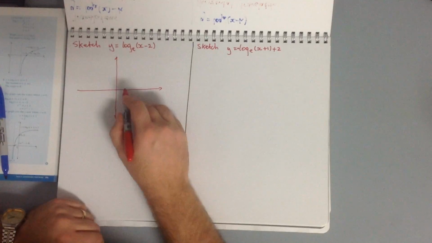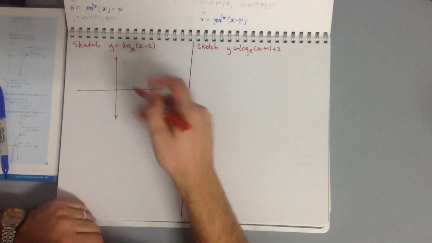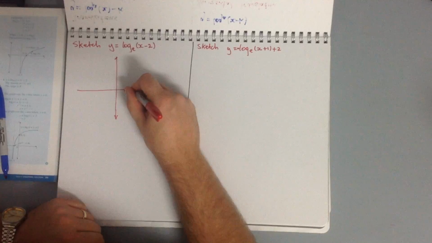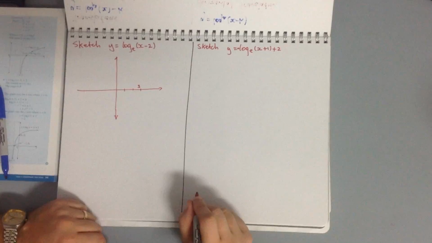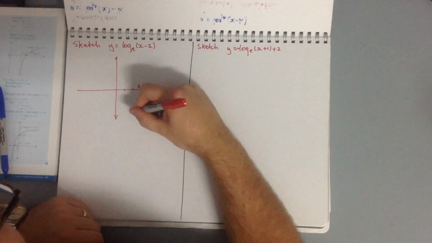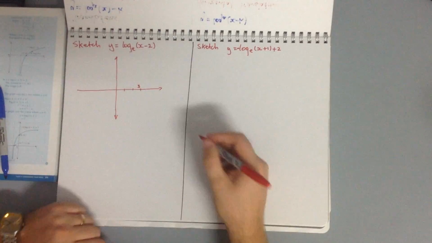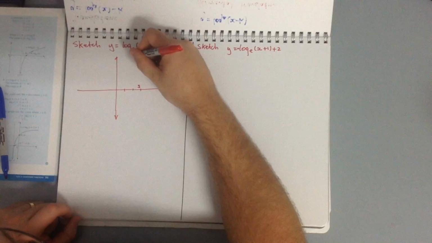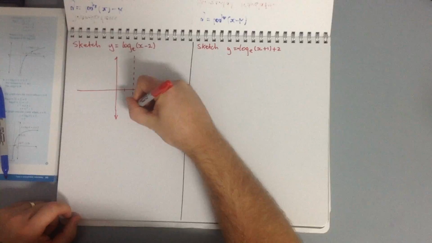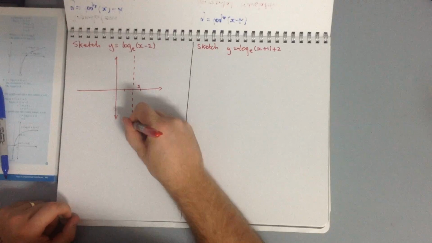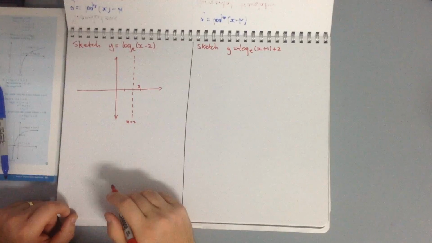We would usually go through 1, moved to the right by 2, so we're going to go through the point 3. And we're going to have a vertical asymptote also at x equals 2, because we've moved it across.